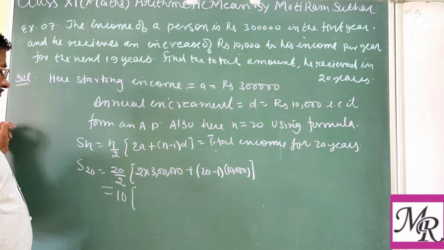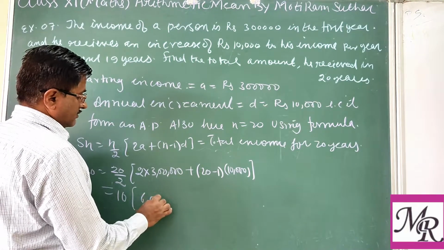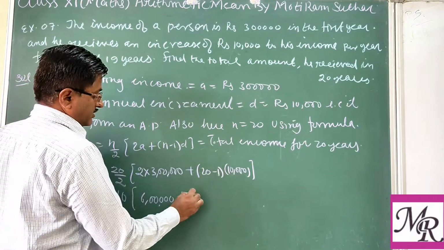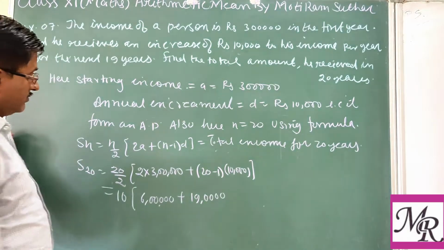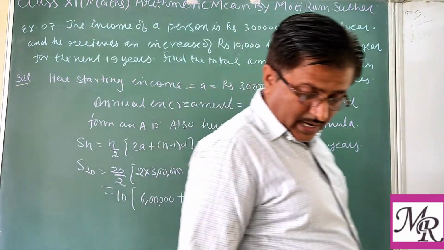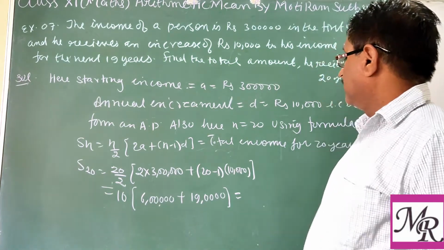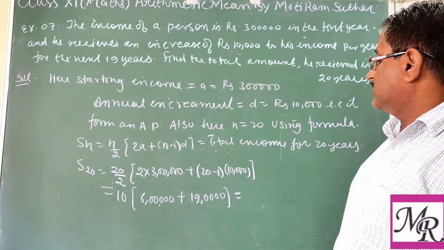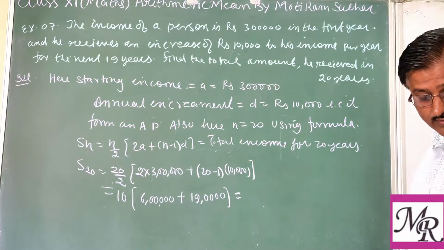20 by 2, that is 10, into 2 into 3, that is 6, plus 19 into this. Clear? Now you can add this: 10 into 79. If you add, this will be 1,90,000 and 6 lakh, that is 79 lakh.